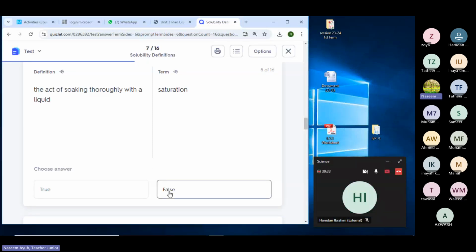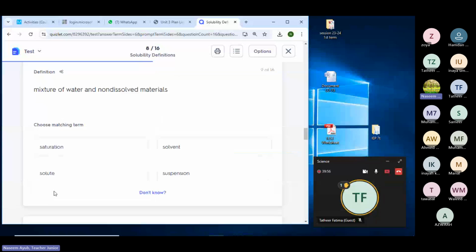The act of soaking thoroughly with the liquid, is it saturation? Yes, ma'am. Yes, that is true. Mixture of water and non-dissolved materials.